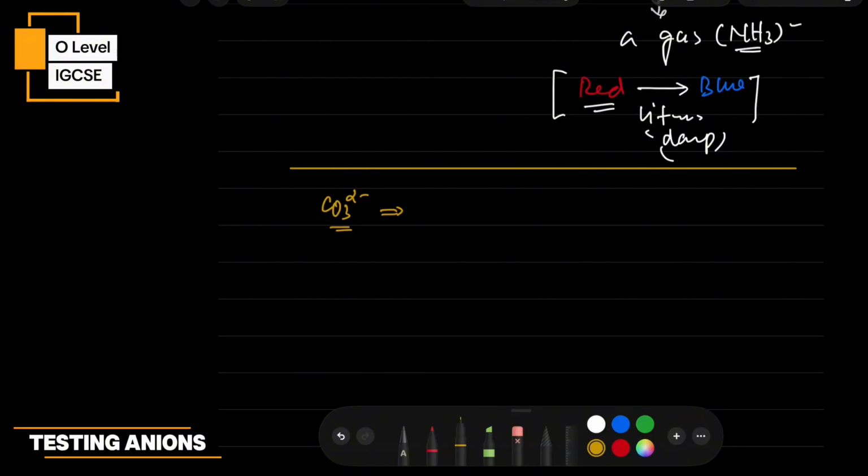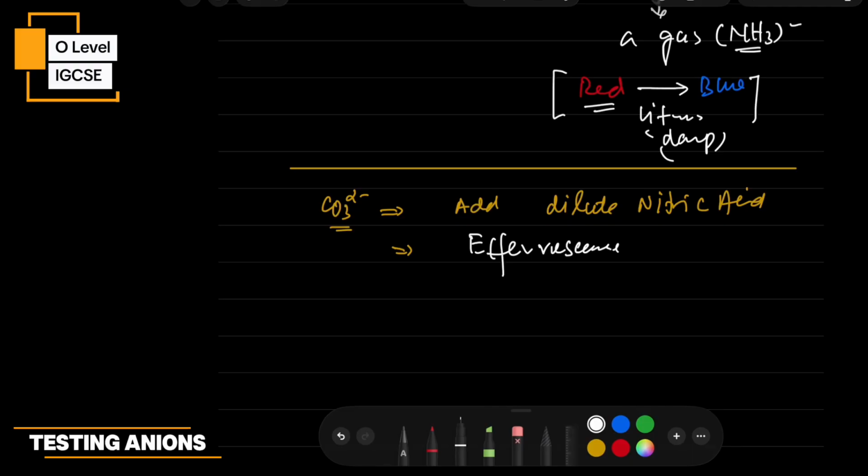Just in a single step, if you add dilute nitric acid, then effervescence is observed, or you can say fizzing is observed.